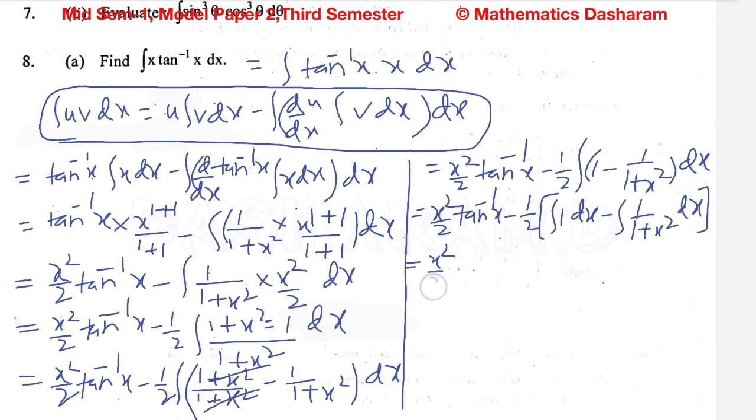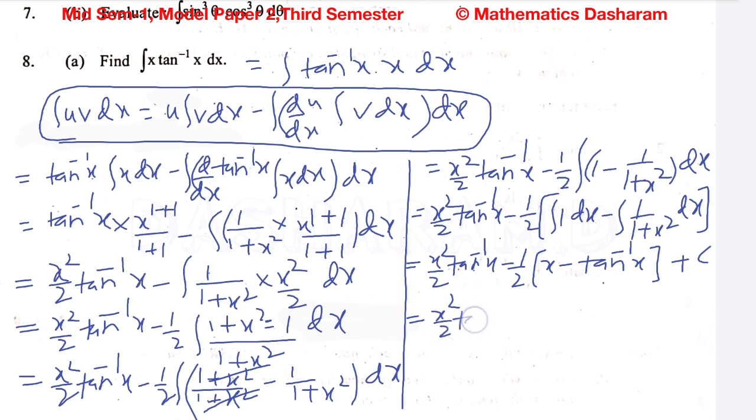So x square by 2 into tan inverse x minus 1 by 2 into integration of 1 dx is x minus integration of 1 by 1 plus x square is tan inverse x plus c. So it is equal to x square by 2 into tan inverse x minus x by 2 plus tan inverse x by 2 plus c, which is our required answer.